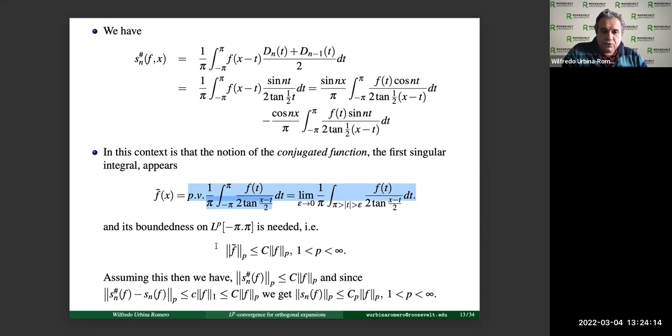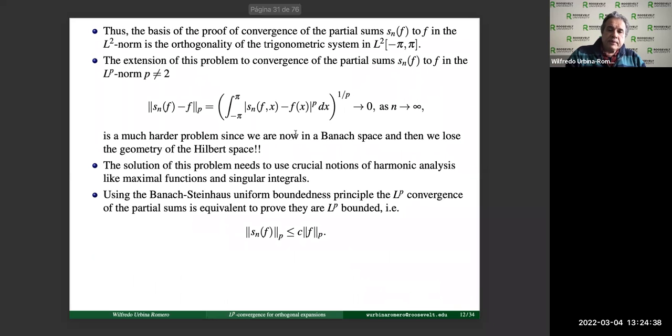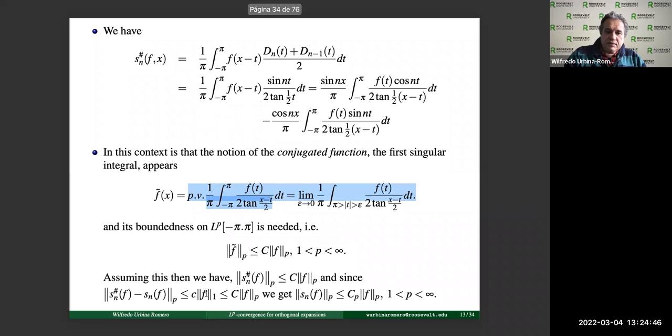So if you assume this inequality, from this representation you immediately get that the average partial sums are bounded in L^p. This is an easy inequality. You get that the partial sums are bounded in L^p, and therefore that implies that the partial sums tend to f in L^p. But of course, proving this is not an easy task.